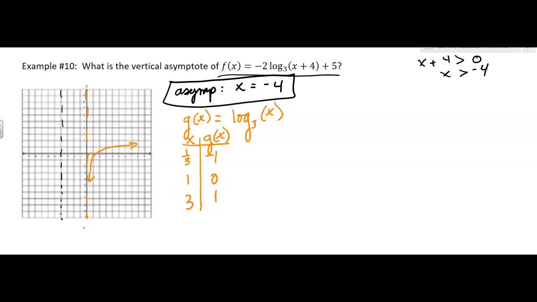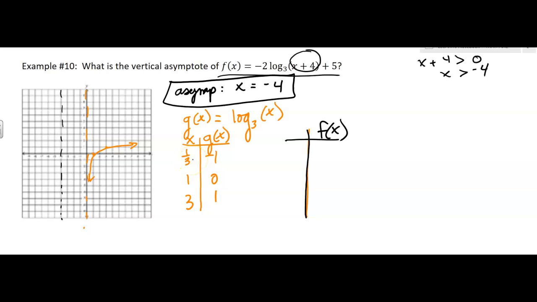Okay. Now let's go over here and think about f of x. Well, it all has to do with this, right? Everything's shifting to the left 4 units. My asymptote, I already drew that. That shifted over 4. So now I would have to take the 1/3 and shift it over 4.